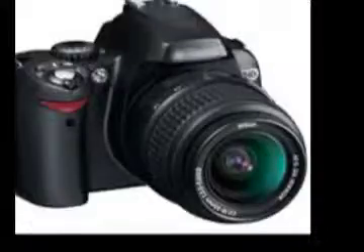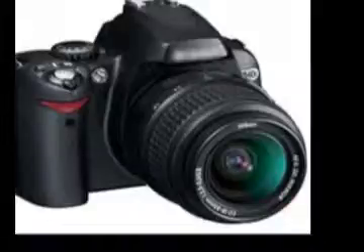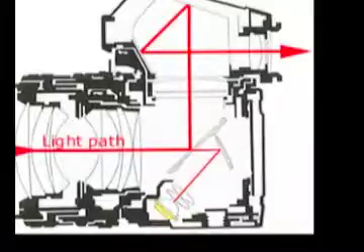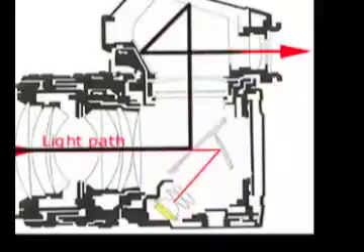This problem is solved by the single lens reflex viewfinder, where we are using a single lens for taking the picture as well as for viewing. This is being used in most of the professional cameras. Here you can see the light path enters through the lens and then it gets reflected by a 45-degree mirror and falls onto a ground glass.